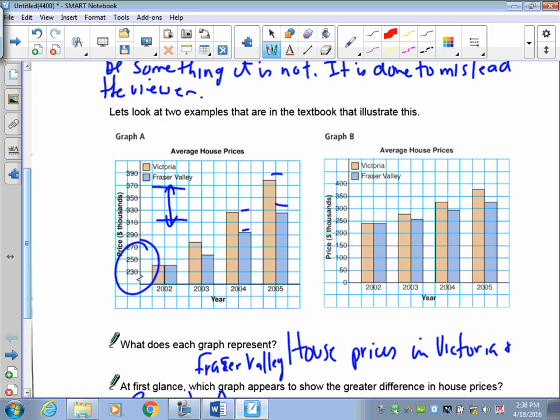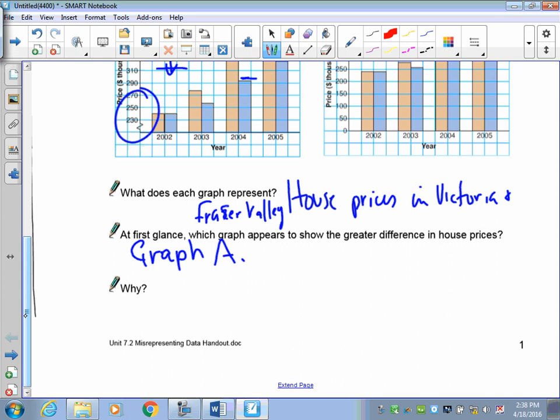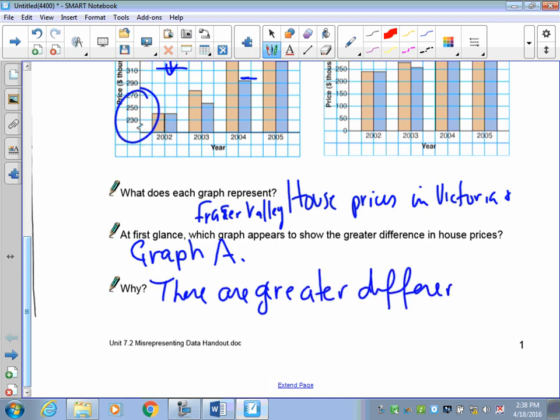It makes it longer, and because it makes it longer, it makes the differences between them exaggerated. There are greater differences between the heights of the bars.